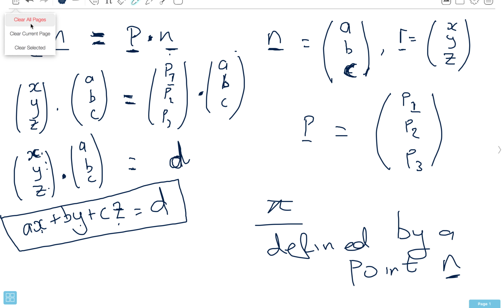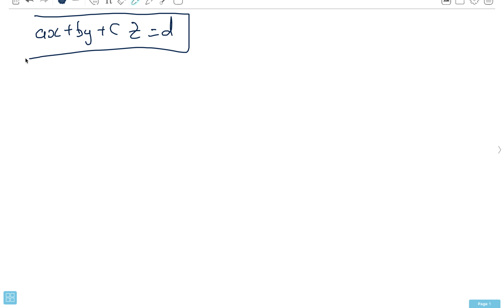So let's do some examples. So ax plus by plus cz is equal to d. Now a, b, c is the coordinates for the normal vector. So let's say we have our normal vector as 4, 5, 6, and d is equal to... actually, let's change our normal vector to something easier.